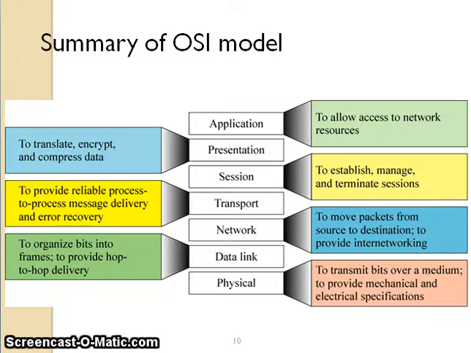The transport layer provides reliable process-to-process message delivery and error recovery. The session layer establishes, manages, and also terminates the sessions. The presentation layer translates, encrypts, and compresses the data. And finally the application layer acts as an interface. We have already discussed these seven layers in detail, and this is a summary of the OSI model.